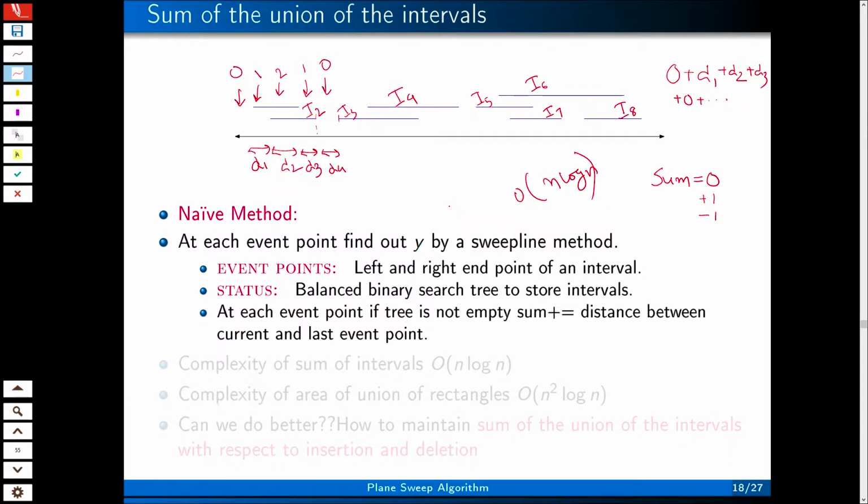Also, I can quickly insert or delete an interval into this black box. Quickly means, quote unquote, preferably in log n time. Anything less than linear, I will be able to beat this n log n time bound. Log n, log square n, root n, anything is good.